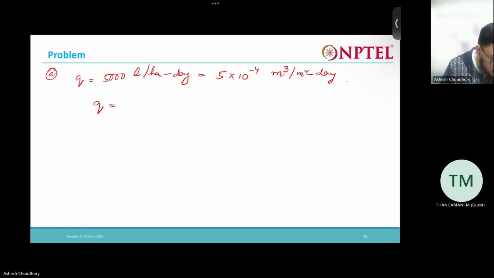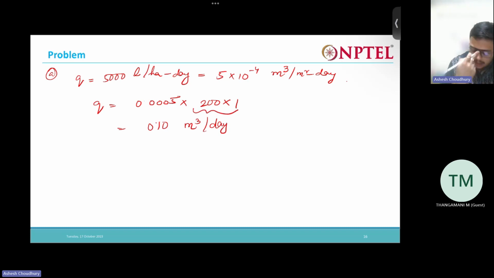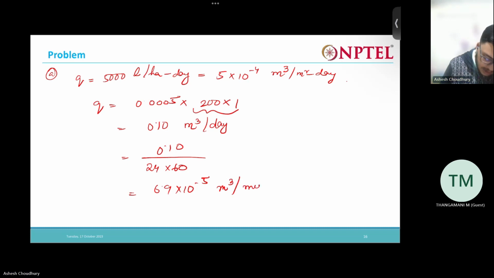Q is 0.0005 into 200 into 1, which gives meter cube per day, as you multiply this by the area. Okay, this we convert to minute, divided by 24 into 60, which will be 6.9 into 10 to the power minus 5 meter cube per minute.